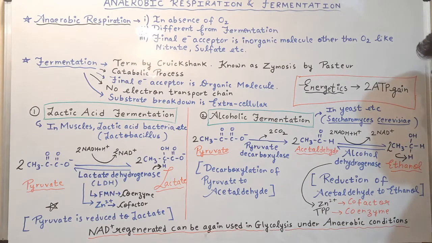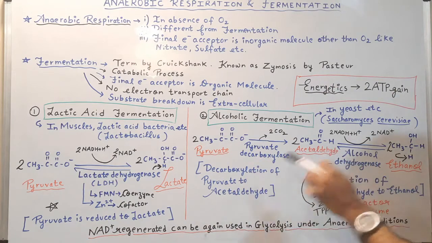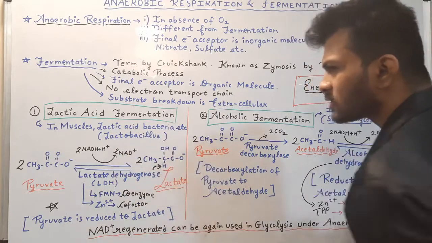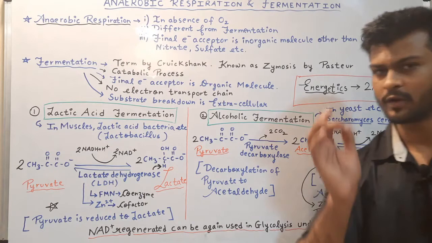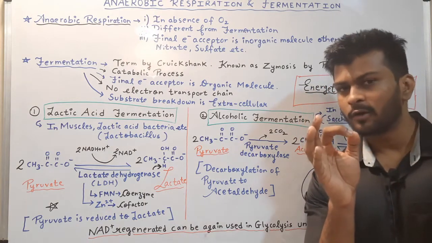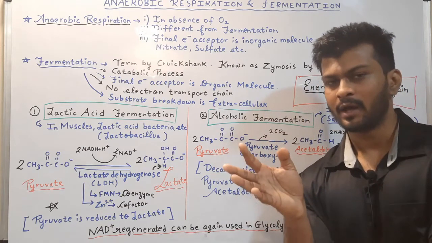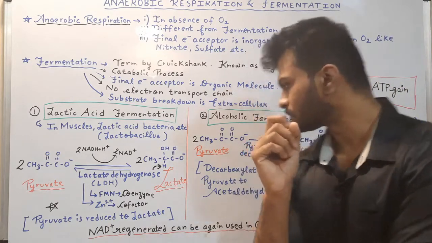The NAD plus generated by this process is regenerated, and it can again enter glycolysis in order to carry out glycolysis under anaerobic conditions, because we know that in the sixth step of glycolysis, 2 NAD plus molecules get reduced to form 2 NADH plus H plus molecules, and that is how we are getting 6 ATPs from glycolysis.